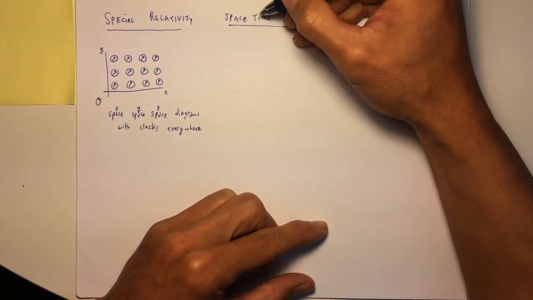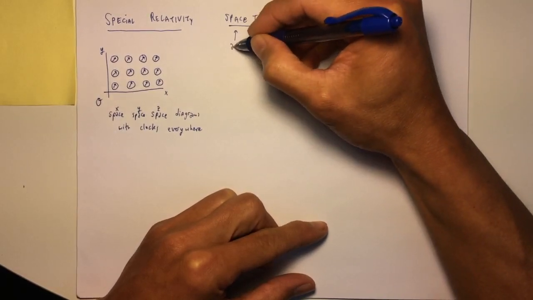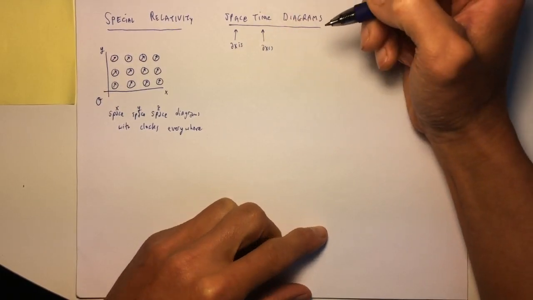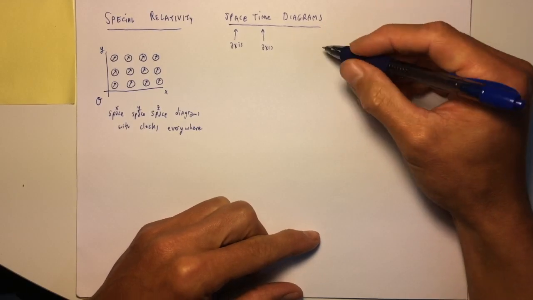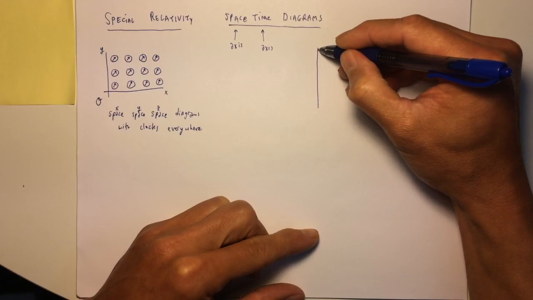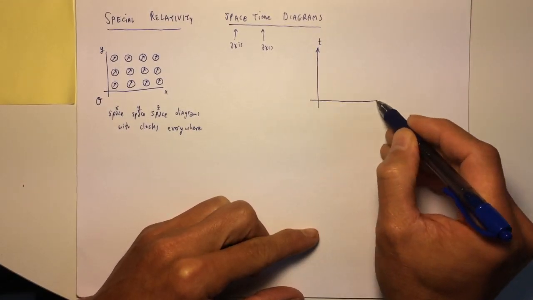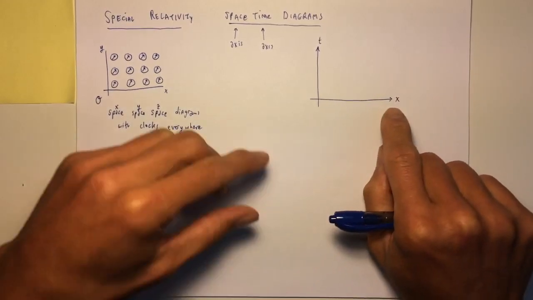A space-time diagram actually puts as the axes a space axis and a time axis. Here is an example of a space-time diagram that typically gets drawn. It looks like this. Time is put on the vertical axis, and space is put on the horizontal axis.